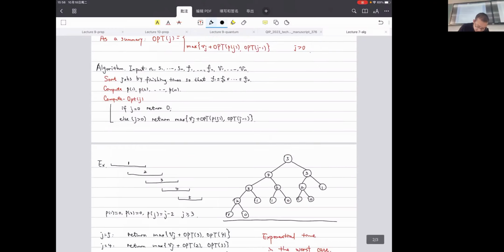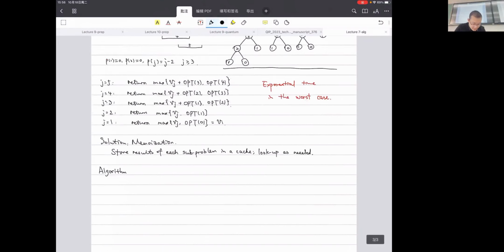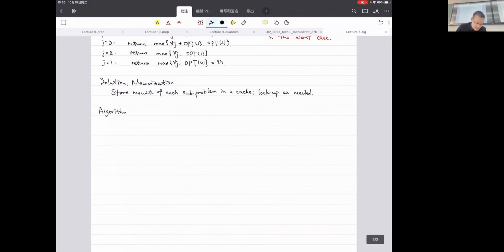Here I can call this algorithm the brute force algorithm, which is very intuitive. You just use the recurrence here, but unfortunately, this is not the best idea. Nevertheless, there is a very easy fix. We call this algorithm memoization.